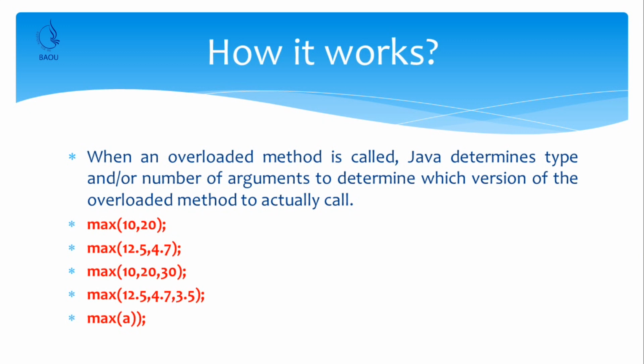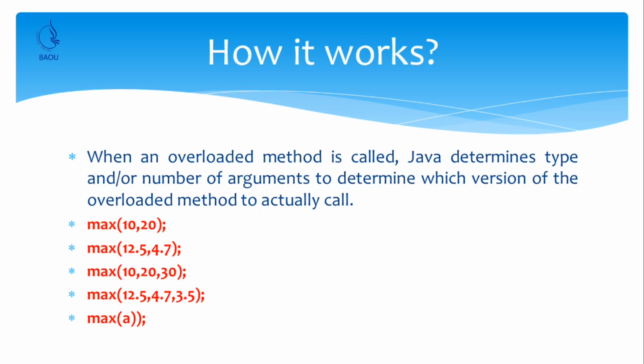Here on screen you can see various examples of the max method. In the first max call we provide integer values, so the definition with long arguments will execute. In the second case, the definition with double parameters is executed.